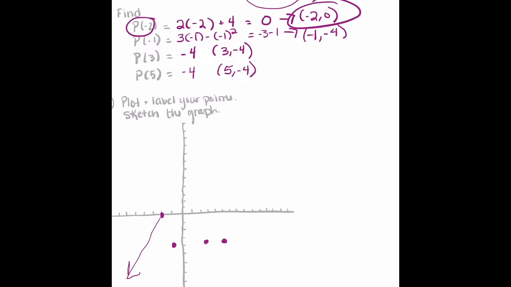But then we need to look at point 2, which came from this part of the function, where x is less than 3, but greater than or equal to negative 1. Nope, just a second. That's wrong.